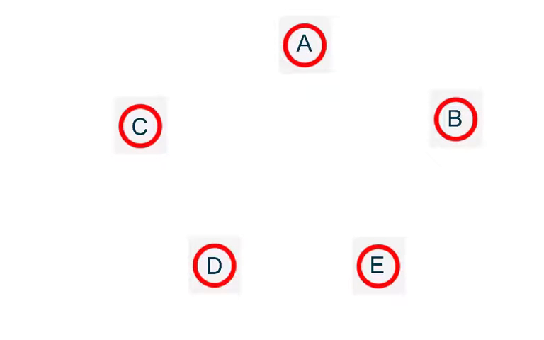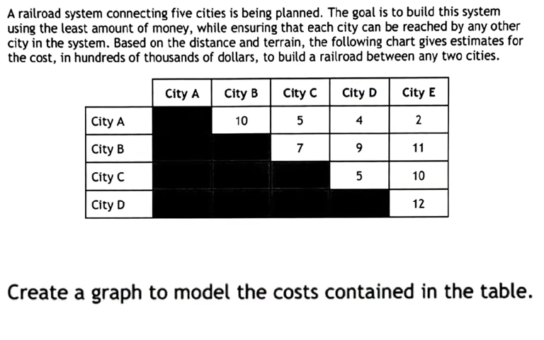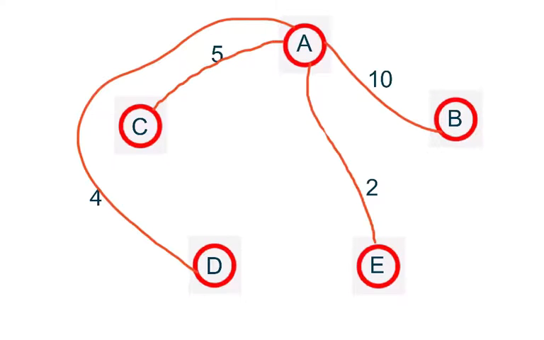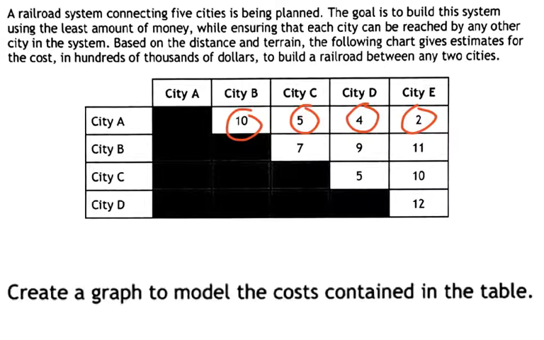So here we have the 5 cities, A, B, C, D, and E. And we're first going to look at city A and how it's connected to all the other cities. And then we look at city B, and it's connected to all the other cities.